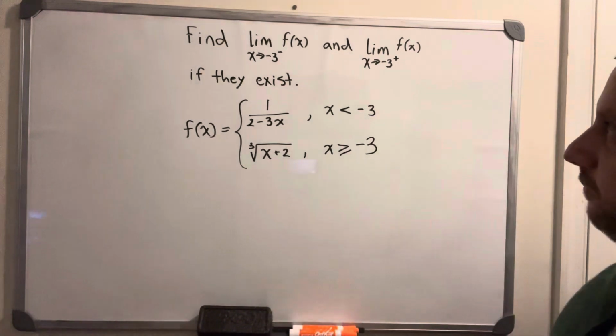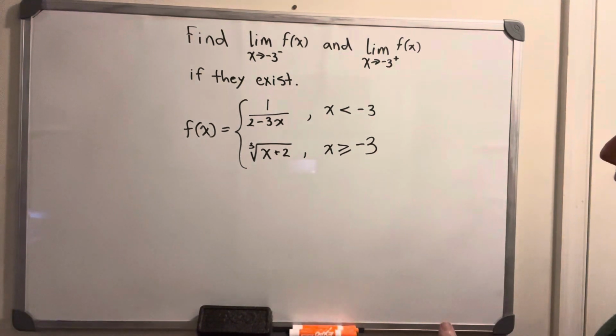And this problem says find the limit as x approaches negative 3 from the left of f of x, and the limit as x approaches negative 3 from the right of f of x, if they exist. And f of x is 1 over 2 minus 3x if x is less than negative 3, and the cube root of x plus 2 if x is greater than negative 3.